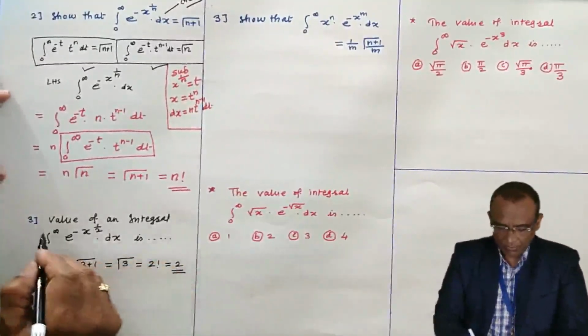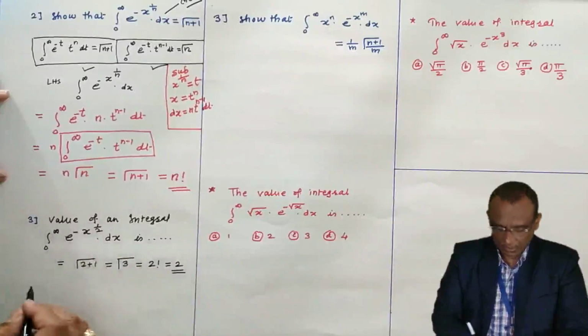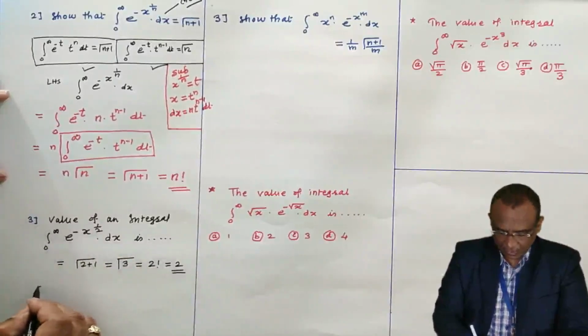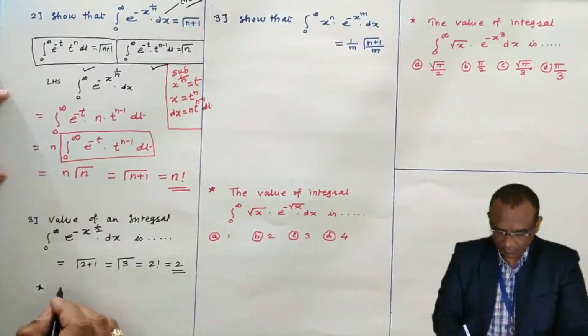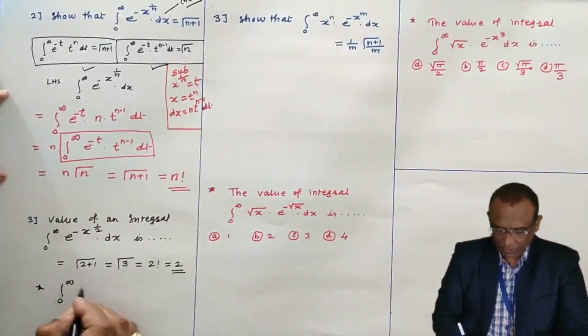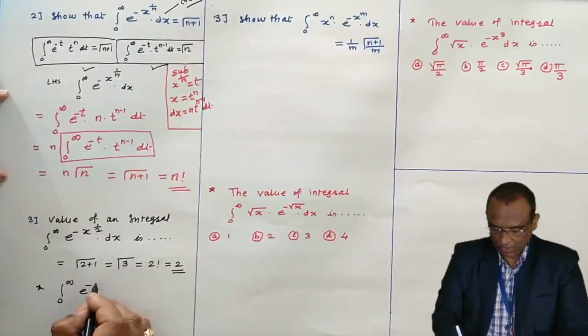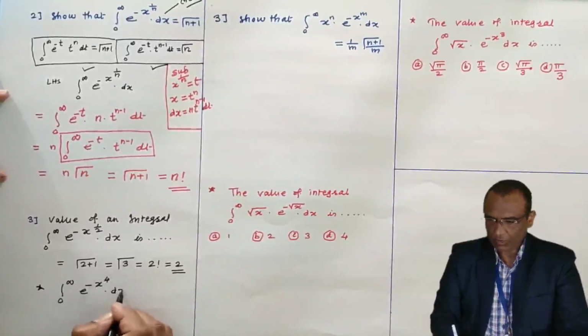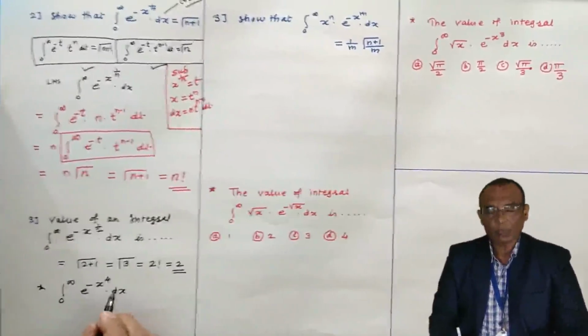So this type of problem will be asked in online examinations. There's one more problem we are going to discuss: the value of the integral from 0 to infinity of e to the power minus x to the power 4. How do you find the value?